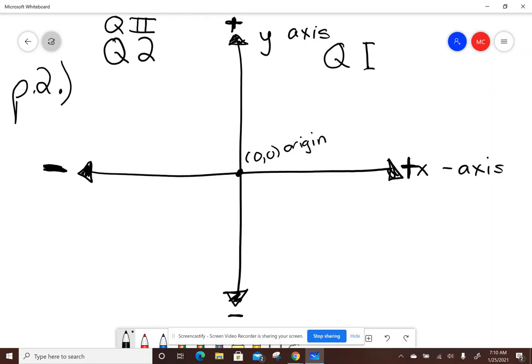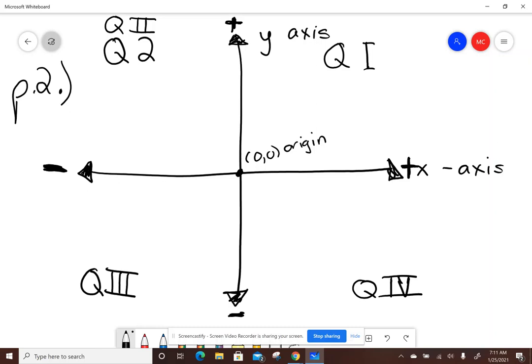Now, down here is where y is negative, and over here is where x is negative. So quadrant 3 is where both x and y are negative. And quadrant 4, that's an IV. Think of, I want to get into Ivy League, so I'm going to remember IV means 4, okay? This is where the x is positive and the y is negative.